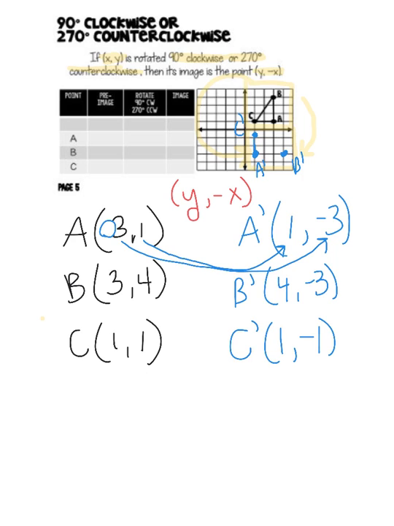And a real easy way to check this is that if you take your coordinate plane and just pick it up and turn it counterclockwise, that position and that orientation of the shape is what it should look like.